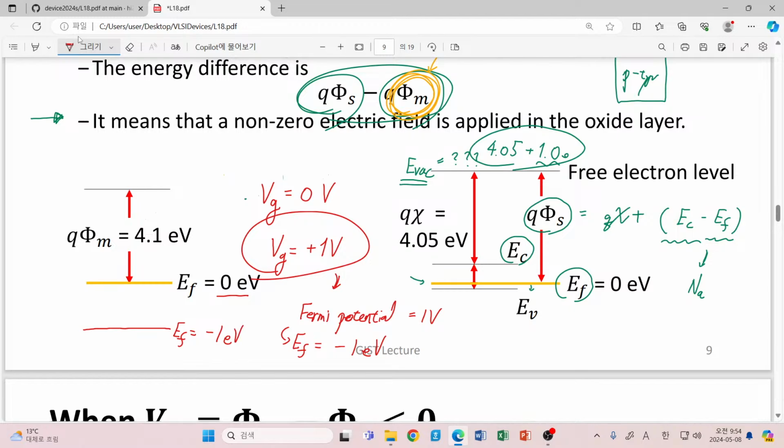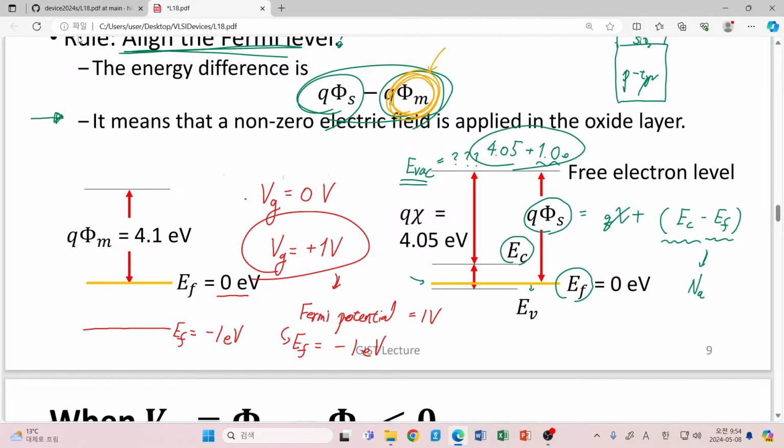Then what will happen? Since the reference energy is reduced by 1 electron volt, your vacuum level is no longer 4.1 electron volt. Instead of that, it will become just 3.1 electron volt. So it is reduced by the same amount here.